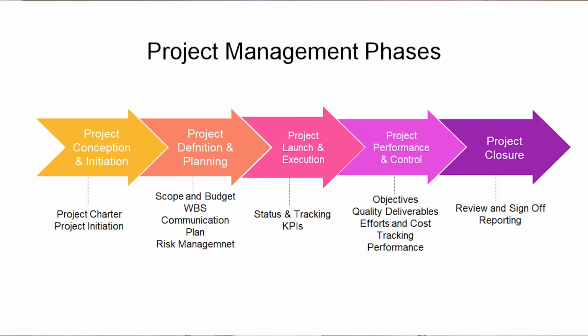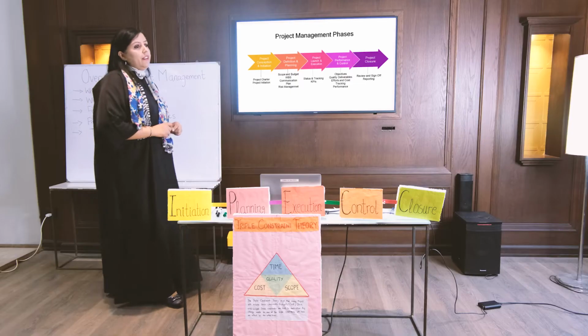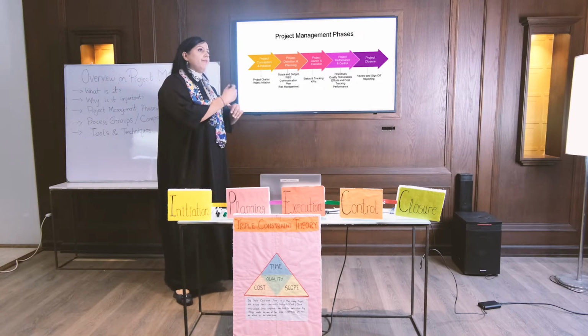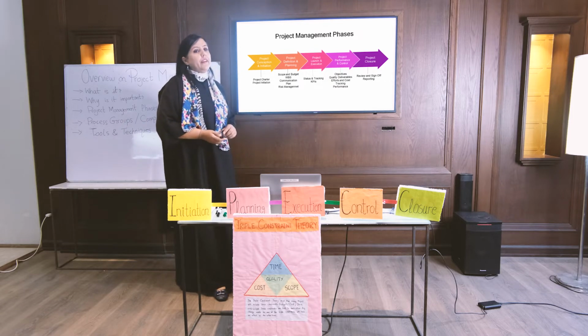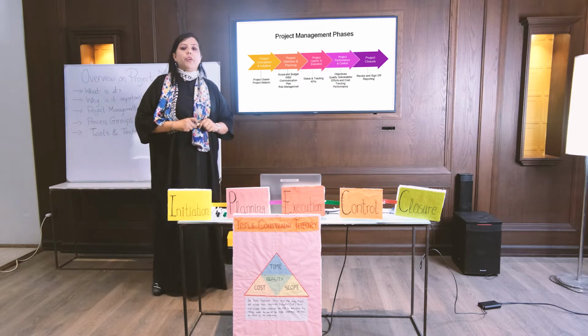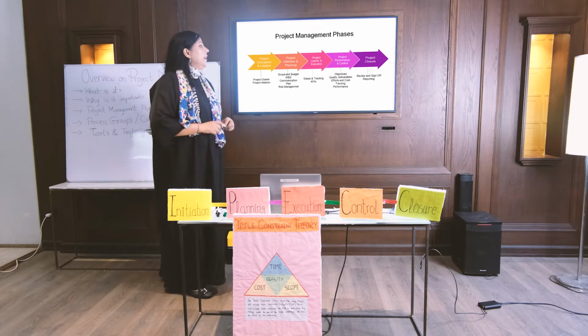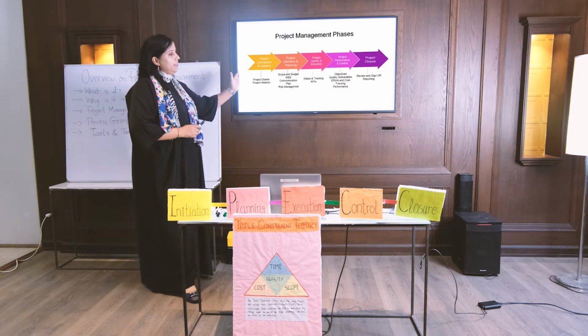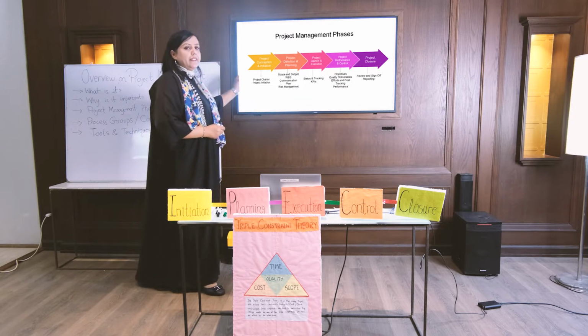So basically, we have 5 project management phases. The project starts from conception, then goes to planning, then execution, then you perform monitor and control activities, and eventually you close the project. Within all these phases, it is not as simple as it is written here.